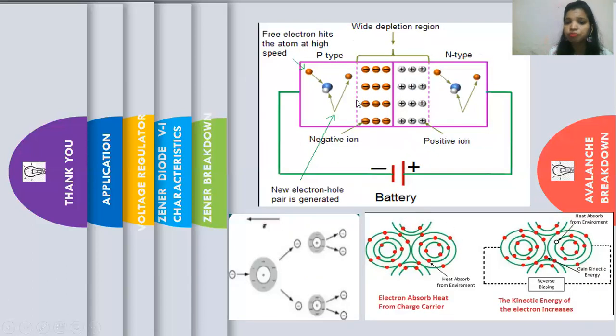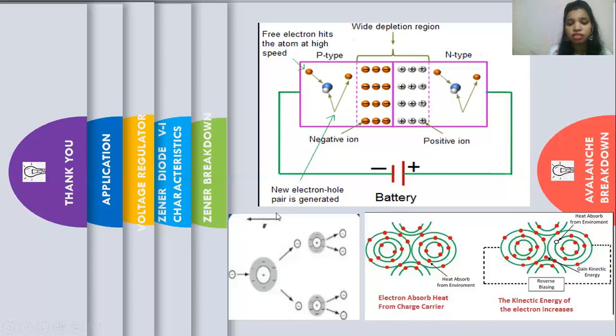Again, I'm repeating, when these minority carrier electrons get sufficiently high kinetic energy and move in the depletion region, they collide with the stationary atom and lose some energy to it. When it collides with the stationary atom, another electron hole pair is generated. Then they collide with another stationary atom, then more electrons are generated.